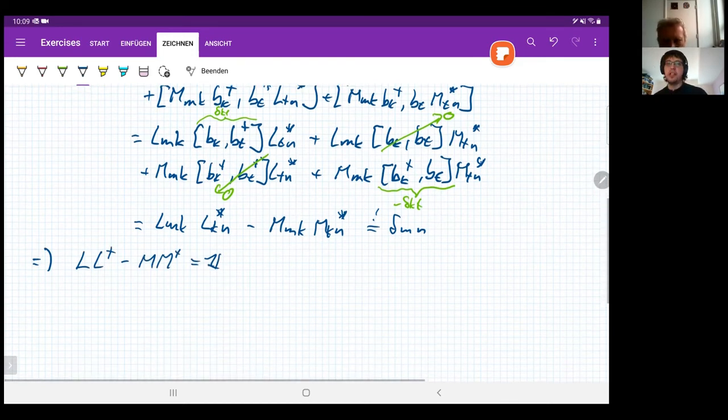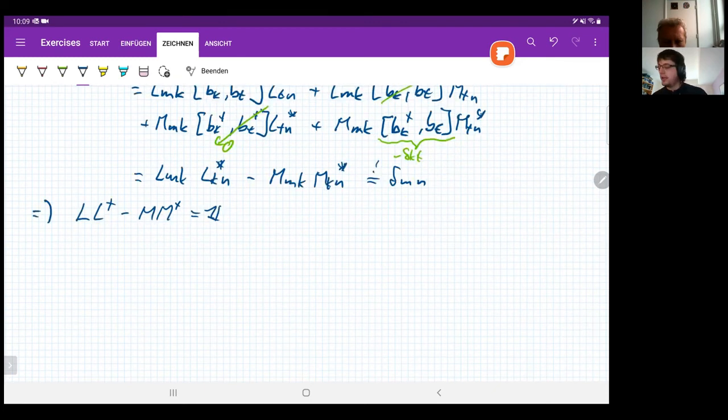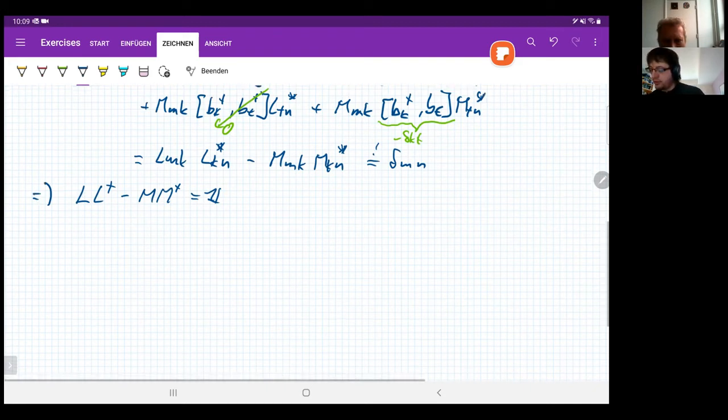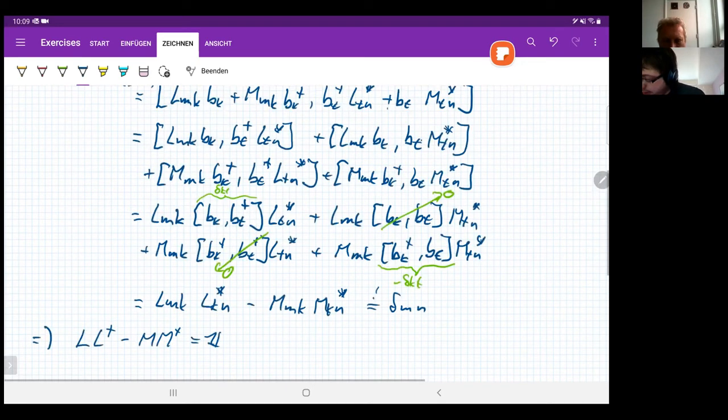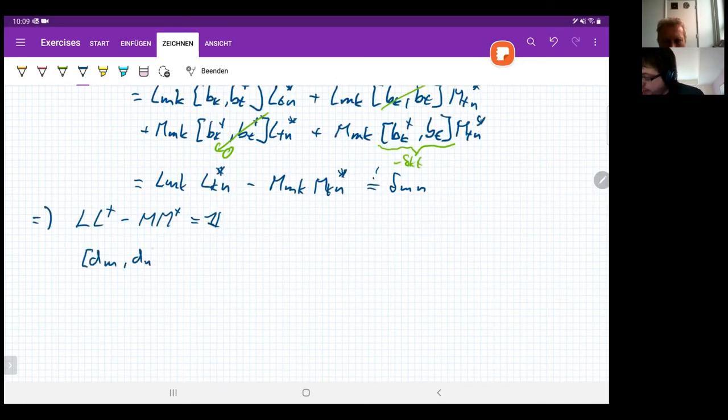But now we have to check also if the second commutation relation gives us a different one. And I will go shortly over it. So we have now the d_M d_N equals 0.